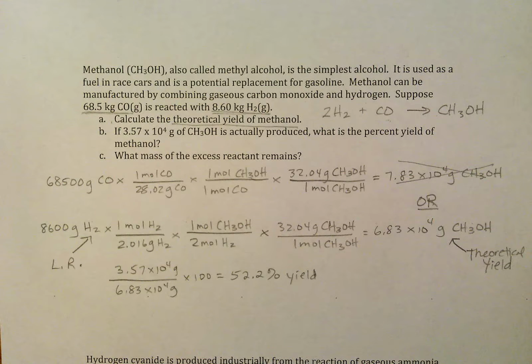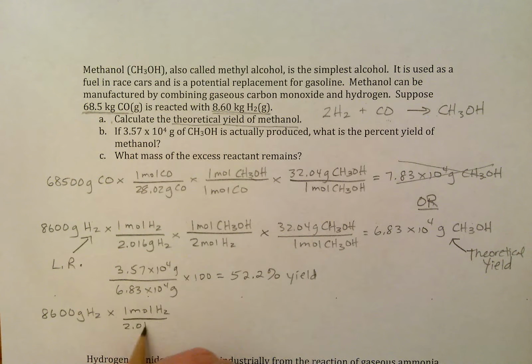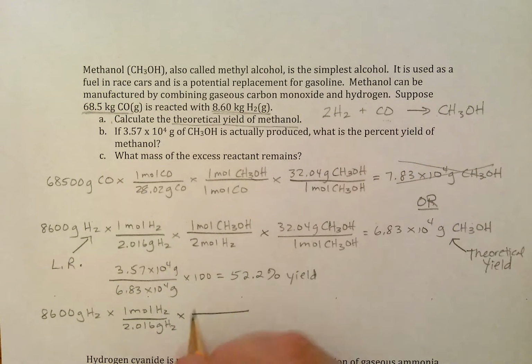So we start off again with our 8,600 grams of H2. We start the same way. 1 mole of H2 is 2.016 grams of H2. Now we're going into carbon monoxide, remember. So we have 1 mole of carbon monoxide to 2 moles of H2. We're going to use our molar mass now.